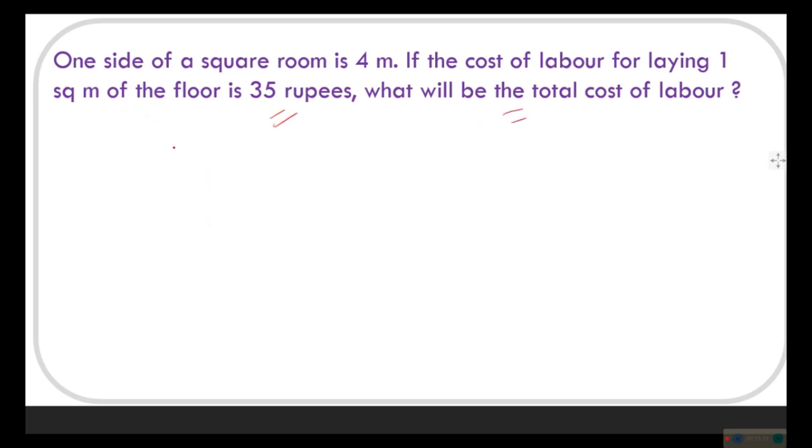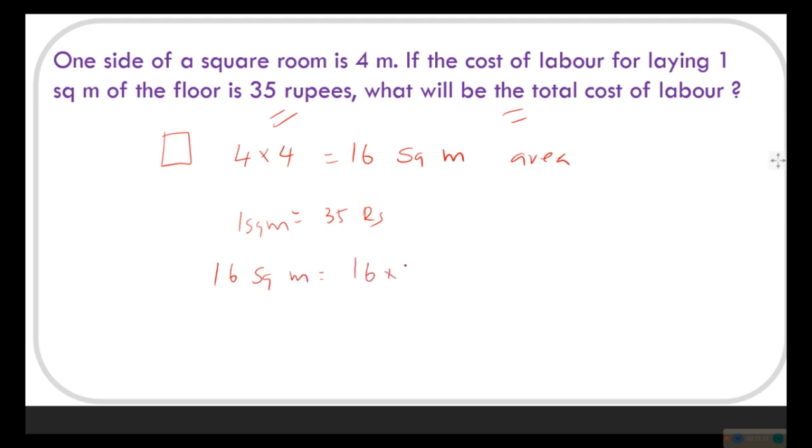So here what we will do, as it is a square, we know that length and breadth are the same, so we'll say that 4 into 4, 16 square meter is the area, and per square meter we are having 35 rupees. For 1 square meter we have to give 35 rupees. Then in the case of 16 square meter we will say 16 into 35.